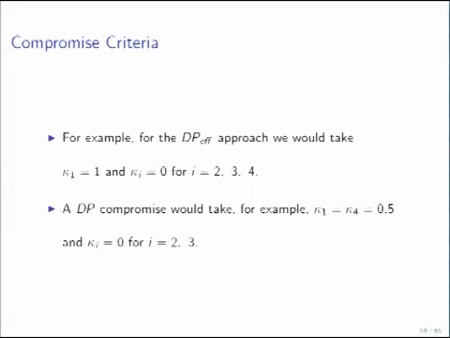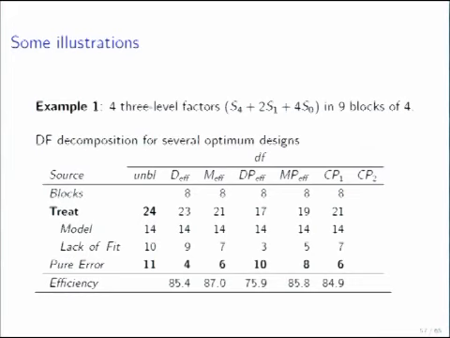So, well, I already mentioned that. Let's show the example. I have here the example that I already showed for 9 blocks of 4, and here a compromise criterion between DP and degrees of freedom efficiency. So we have here a balance among the degrees of freedom.